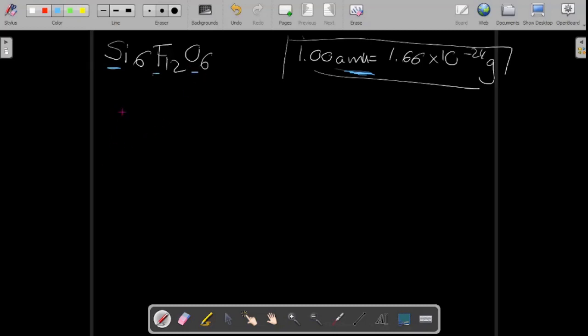The first one, you're going to find that silicon is in position 14. So you go to the periodic table, find silicon in position 14, and there are 6 of them. Okay, so 6 times, each one of them weighs 28.1 atomic mass units, AMUs.